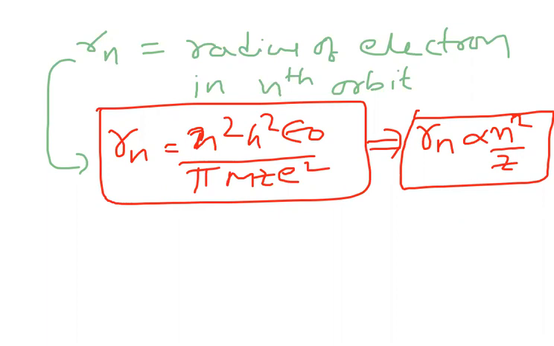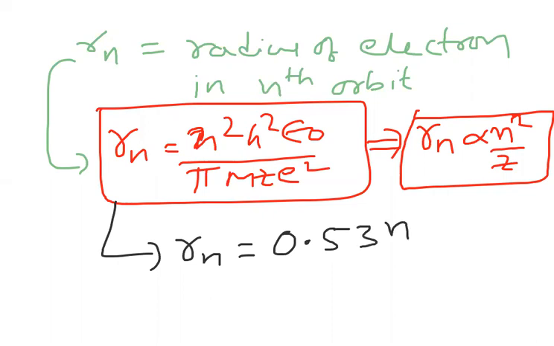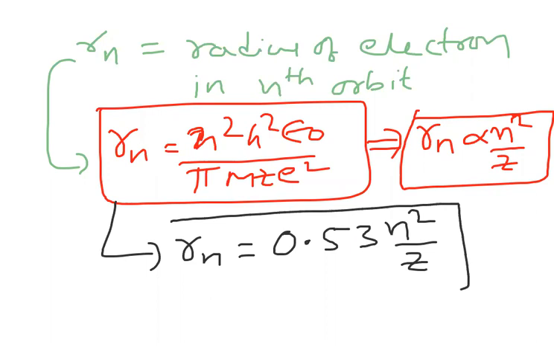And one more formula we have, by substituting the remaining values. If you substitute the h value, epsilon naught value, pi value, m value, e value, and simplify, you will get Rn is equal to 0.53 n square by z, and this value you will get in angstroms.